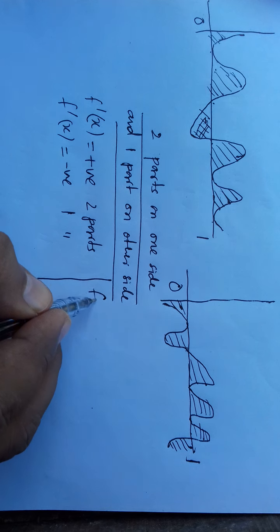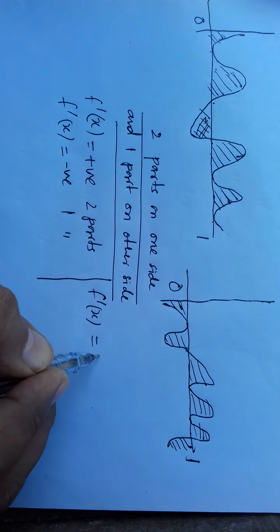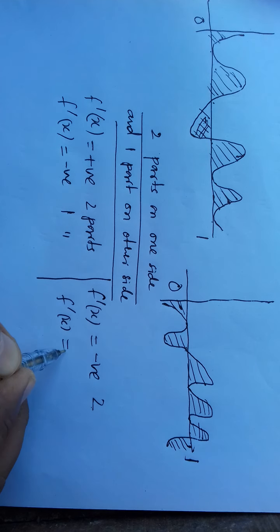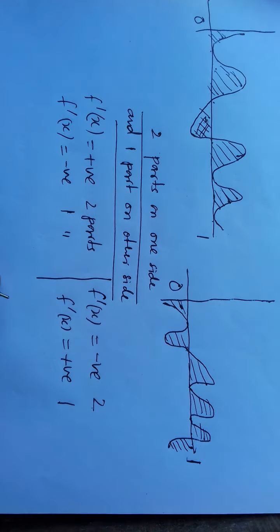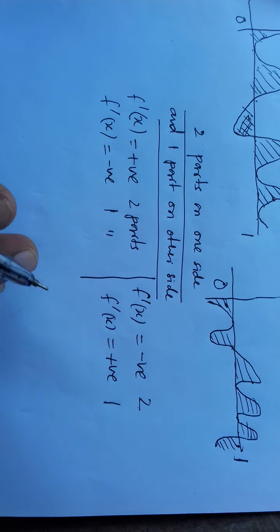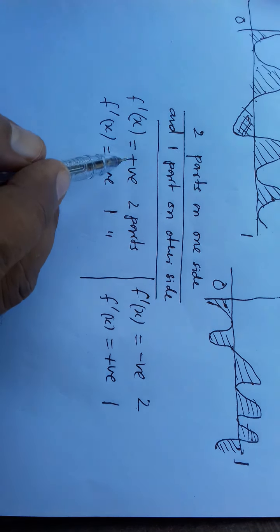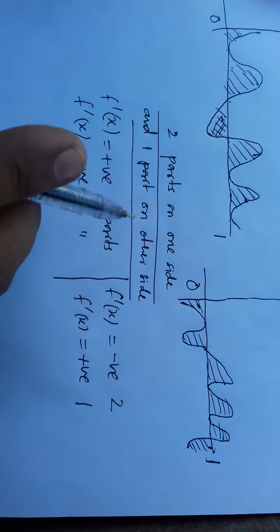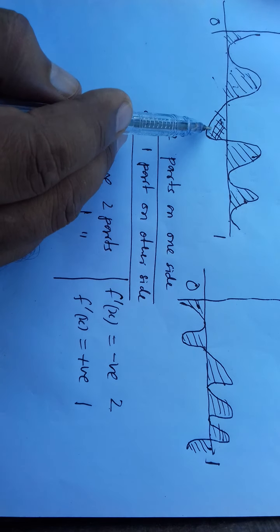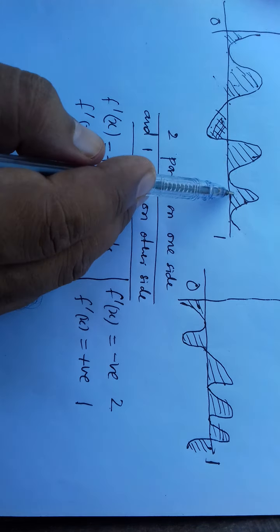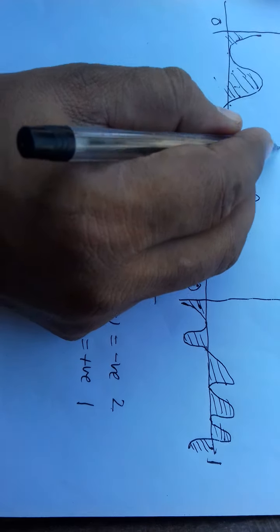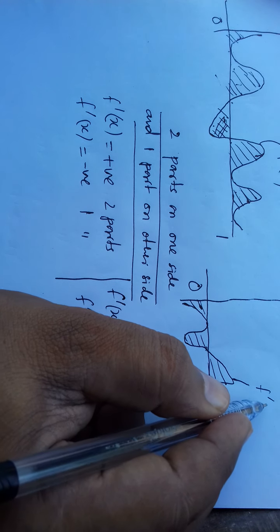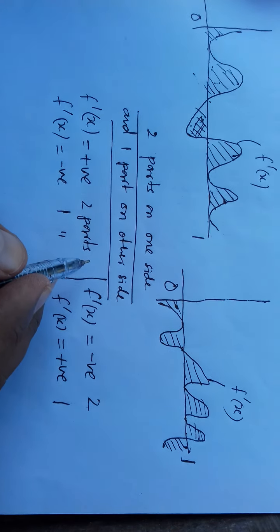In the other, f dash x is negative for two parts and positive for one part. This means that positive means the graph is increasing, negative means decreasing, and again increasing. So this is f dash x in two different cases.